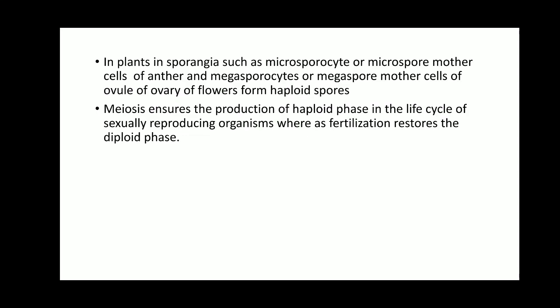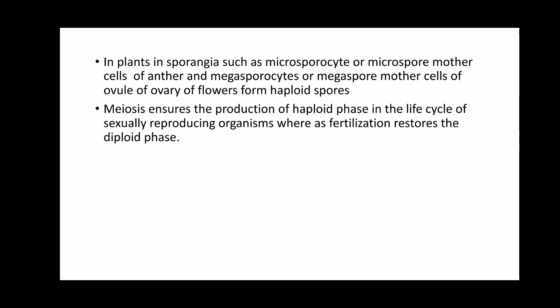Considering plant cells, in sporangia, the microsporocytes or microspore mother cells of the anther, and megasporocytes or megaspore mother cells of the ovule of the ovary of flowers, form haploid spores. These are once again fertilized by the fertilization process and form a single cell which is diploid in nature.